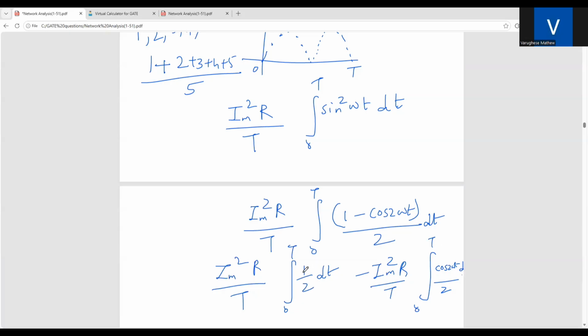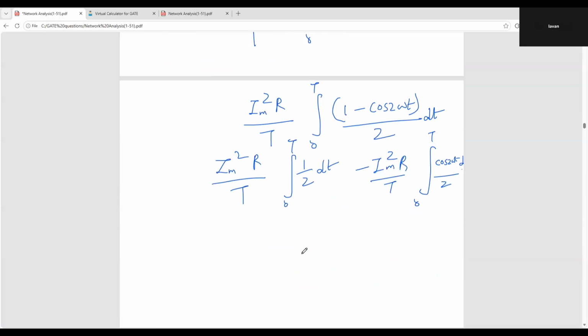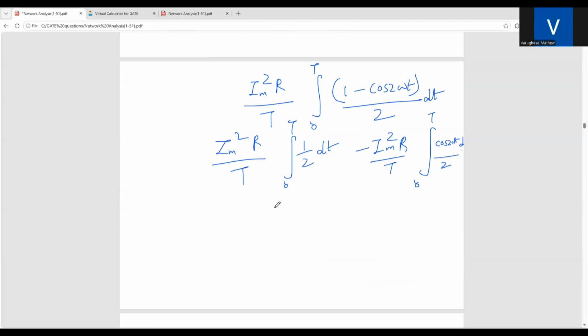So the integral of 1 by 2 is what? T by 2. And if you put the limits, it will be Im squared R into T by 2 by T. Okay. Yes, sir. This if I integrate, what will I get?